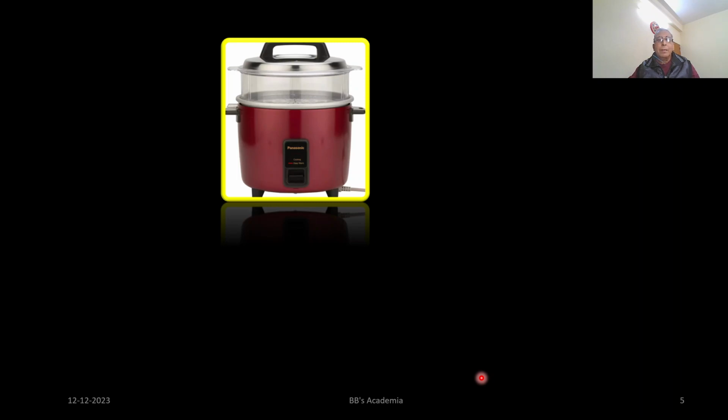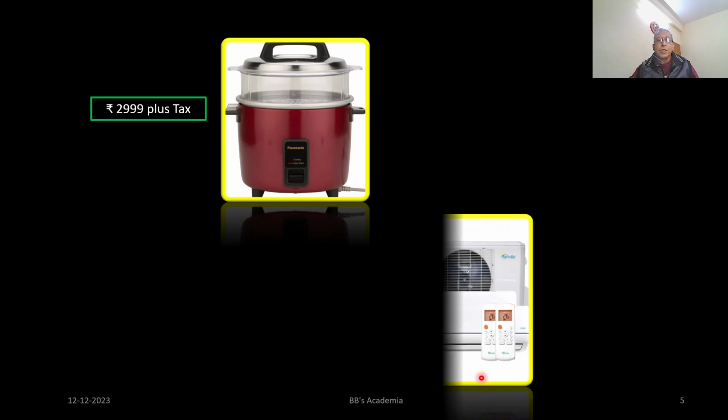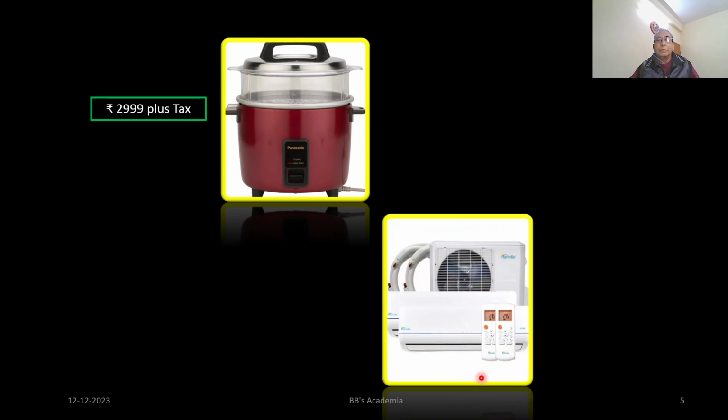We can see one image on your screen that is a rice steamer. If you go to any mall or shop, you will find that a price tag is given there. Let us see another one, an air conditioning machine.